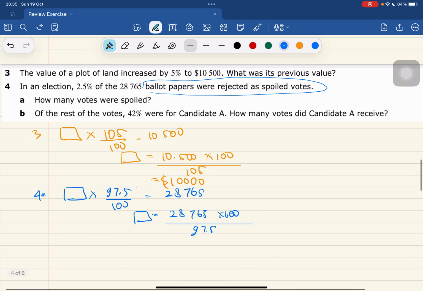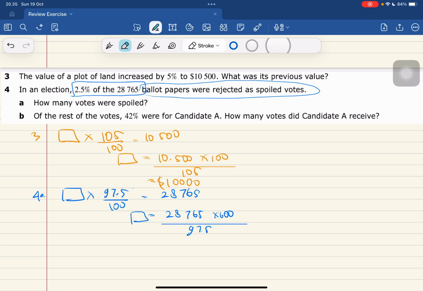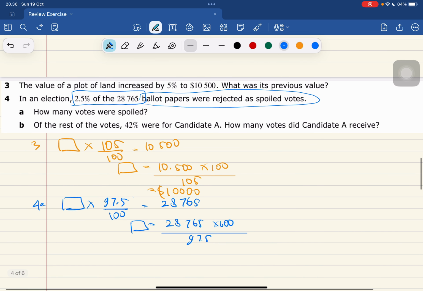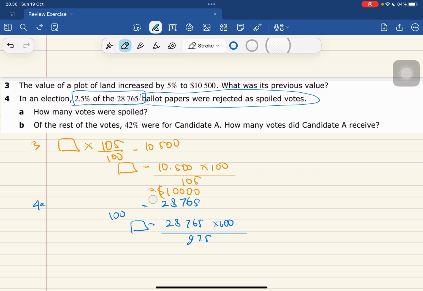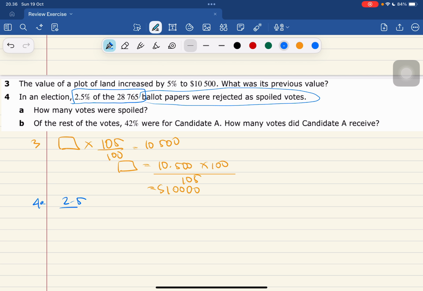Rejected as spoiled. Moment, I got confused. 2.5% of papers were rejected as spoiled votes. How many votes were spoiled? So in this case, we can make this 2.5 over 100.